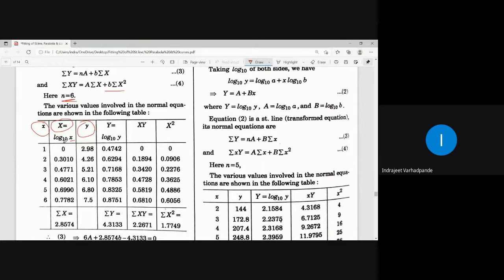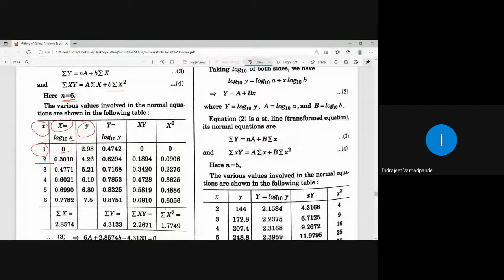But while calculating, what do you do? Log of 1 will be 0. Log of 2 will be 0.3010. Pressing the button log in the calculator, by default it takes log to the base 10. While writing I have to tell log to the base 10; while calculating, directly press the log button, and automatically the value will come. If you commit a mistake, ln of 2 will be different, log of 2 will be different.